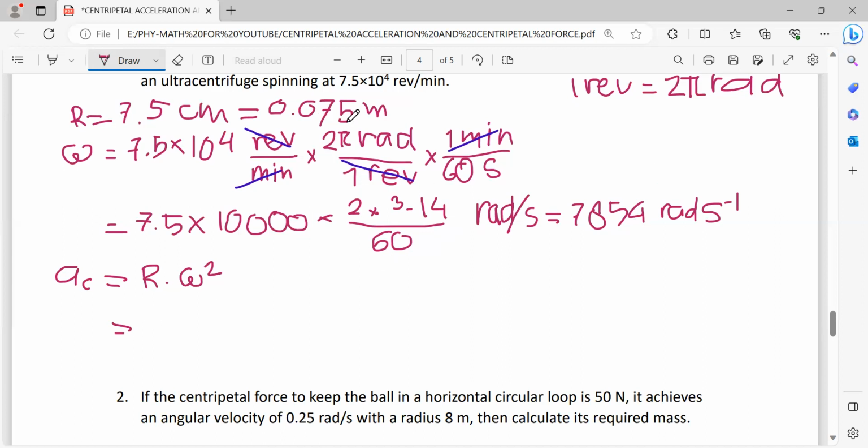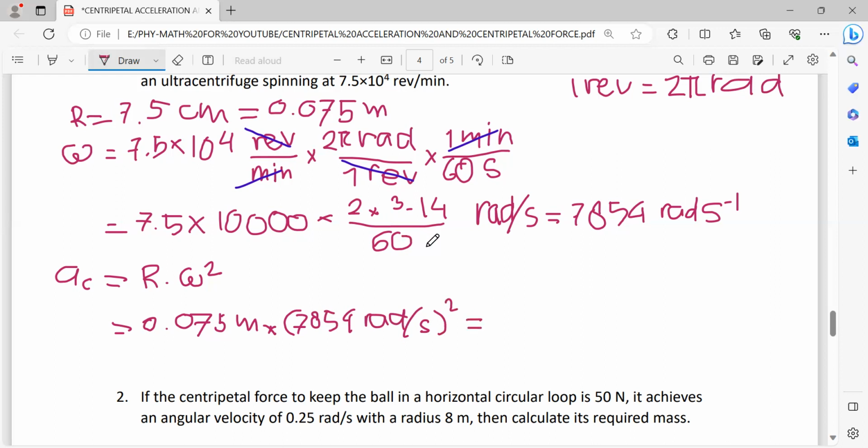So 0.075 meters times 7,854 radians per second, squared.